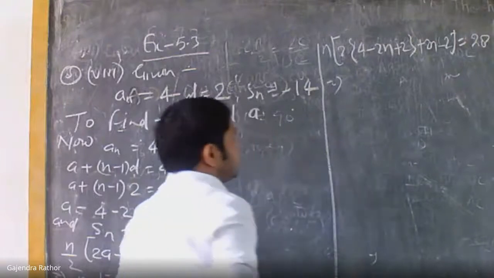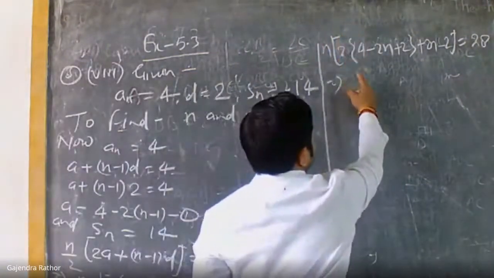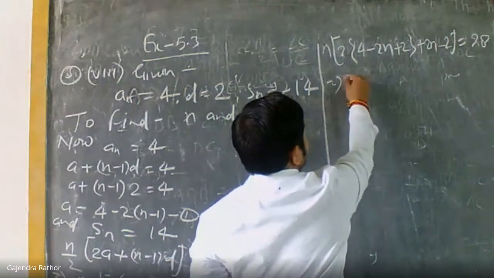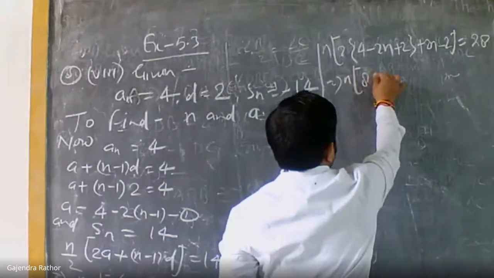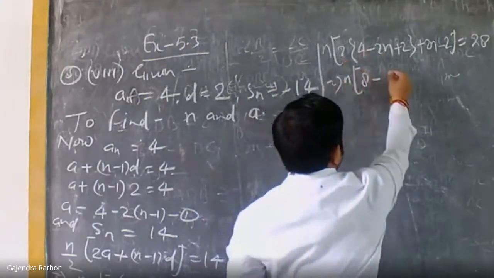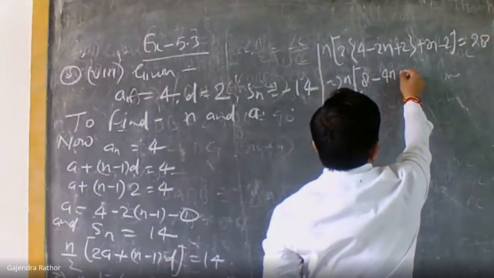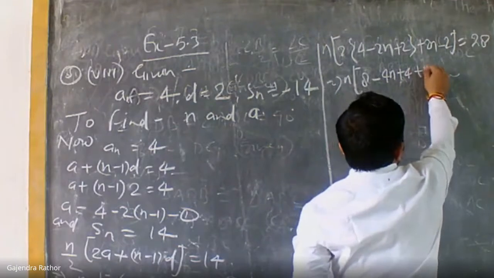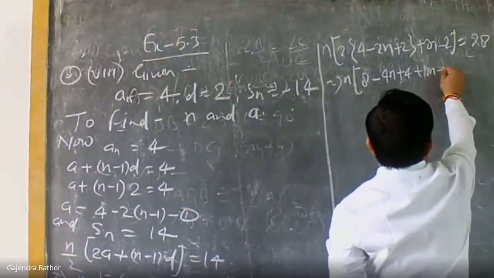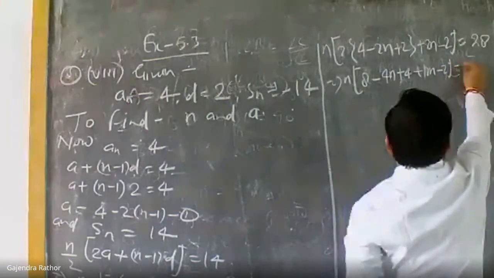Okay, simplify this step. Now open this bracket: 2 multiplied by 4 is 8, minus 2 is 4, 4n. Next, plus 2 is 4, plus 2n minus 2, is equal to minus 80.